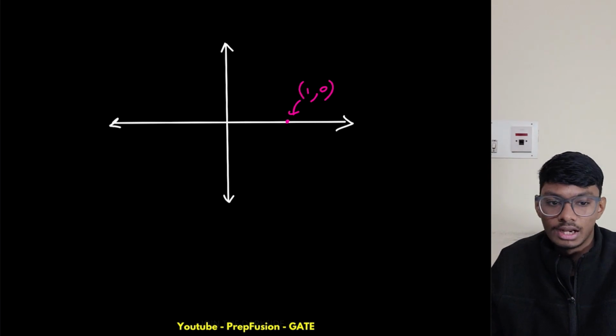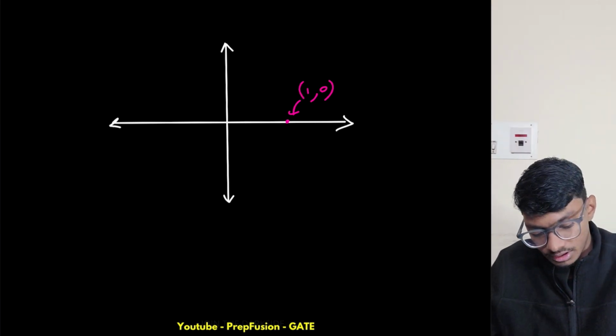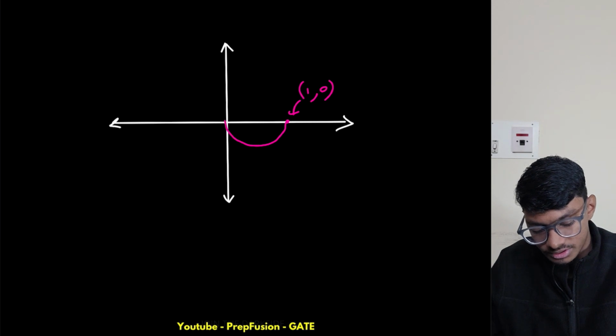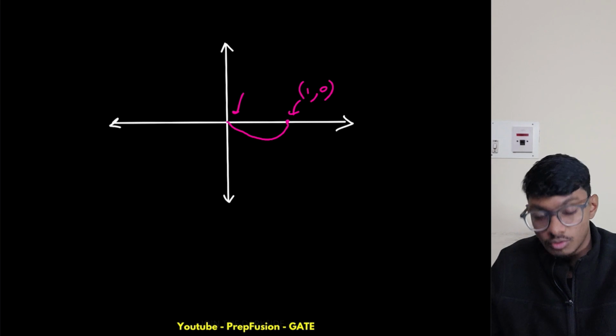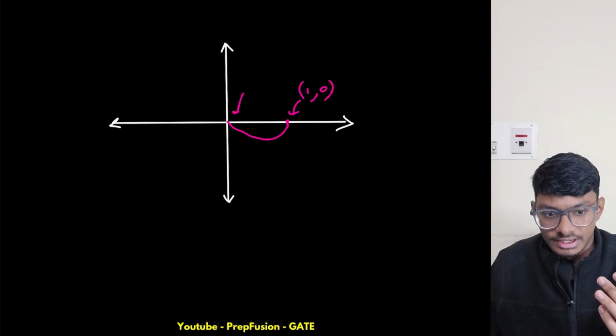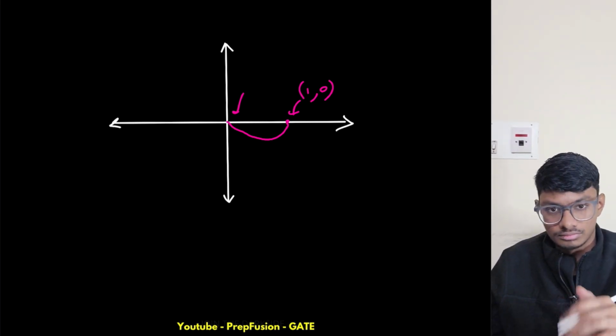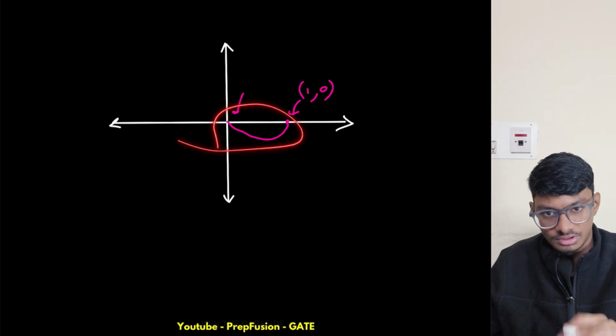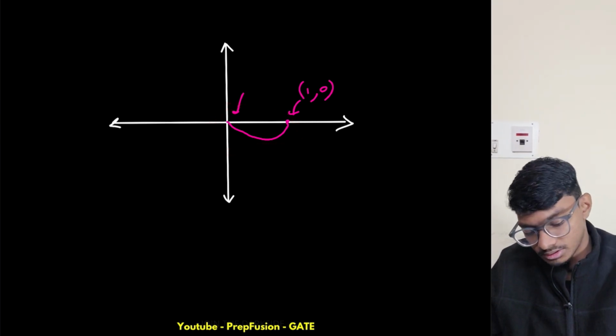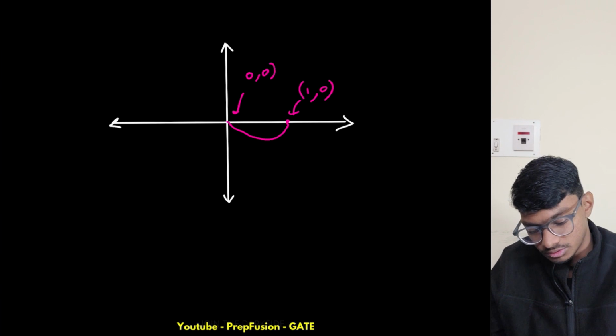Real part is 1 and imaginary part is 0. Then it can't go here, right? It will always lie in this region. So it will go something like this, and towards the ending it will go towards the origin itself. Now the shape, I can't confirm exactly, but I can do an approximation. It will be something like this. Okay, and this is the point 0 comma 0, right?